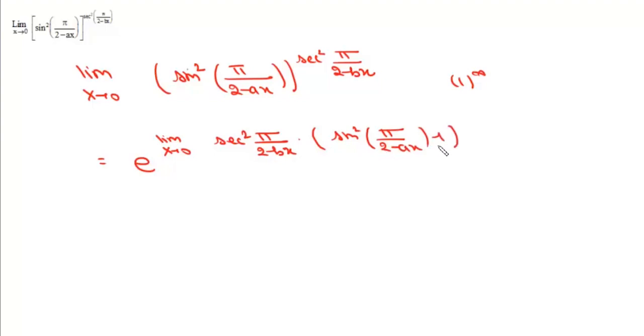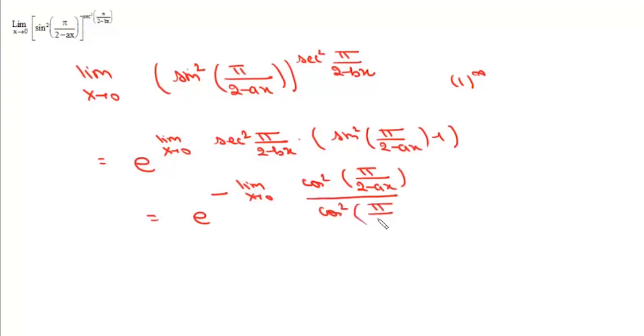Now sine square theta minus 1 is minus cos square theta, and we write the secant in terms of cos as well. So it will be e to the power minus, and then this limit x tends to 0 cos square of pi upon 2 minus ax upon cos square of pi upon 2 minus bx.